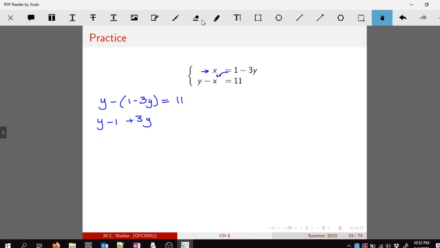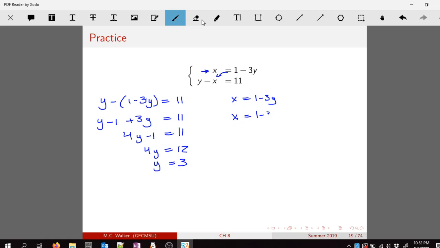So y minus 1 plus 3y is equal to 11. 4y minus 1 is 11. 4y is equal to 12. y is equal to 3. And we know that x is equal to 1 minus 3y, which means that x is equal to 1 minus 3 times 3. x is equal to 1 minus 9, which is negative 8.